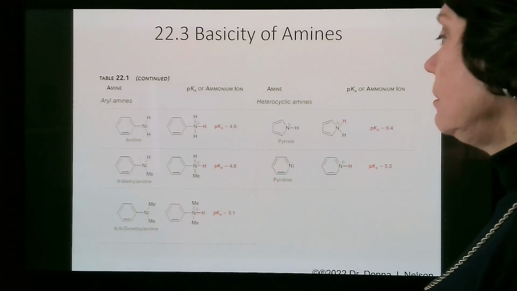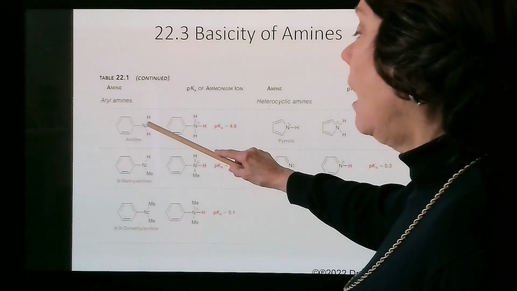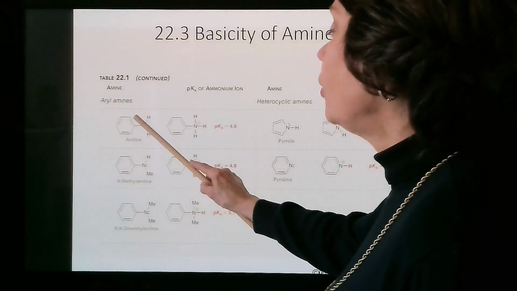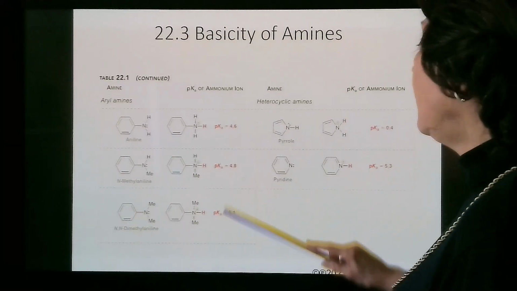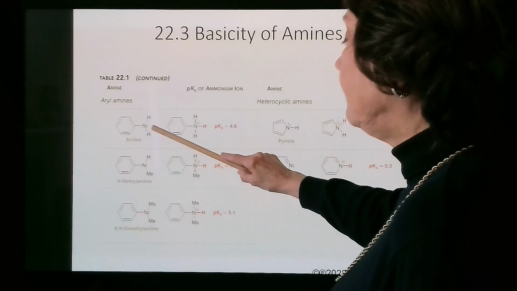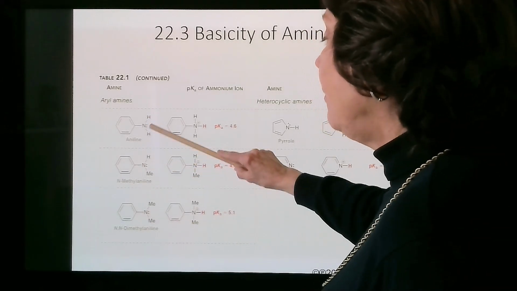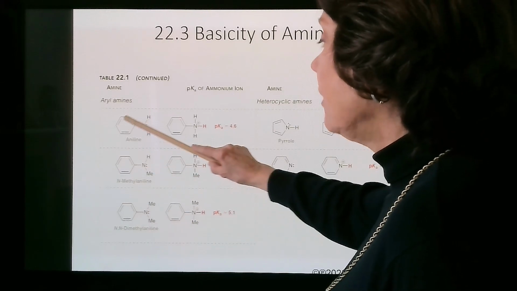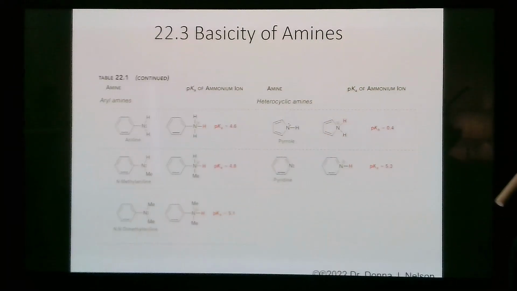Now, when we get to amines where the lone pair is in conjugation with the pi system, you have a lower pKa. In each of these cases, the lone pair is in conjugation with a benzene ring.